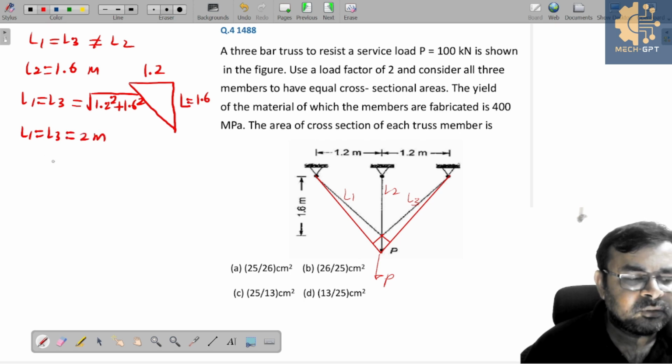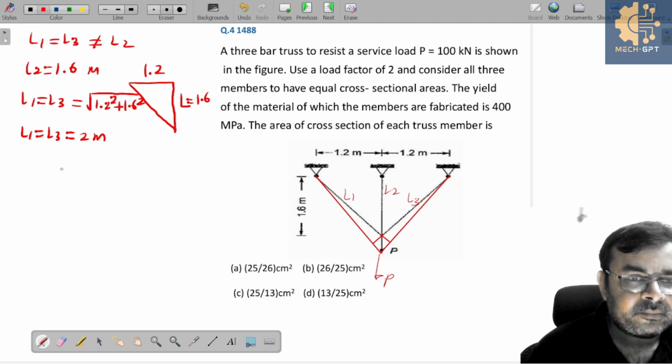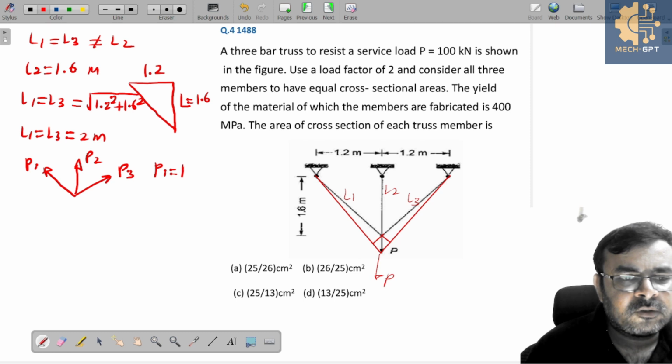Is it clear? So now if we apply a free body diagram for this point, can I get this result? This is P3 and this is P1 and this is P2, and obviously P1 is equal to P3.